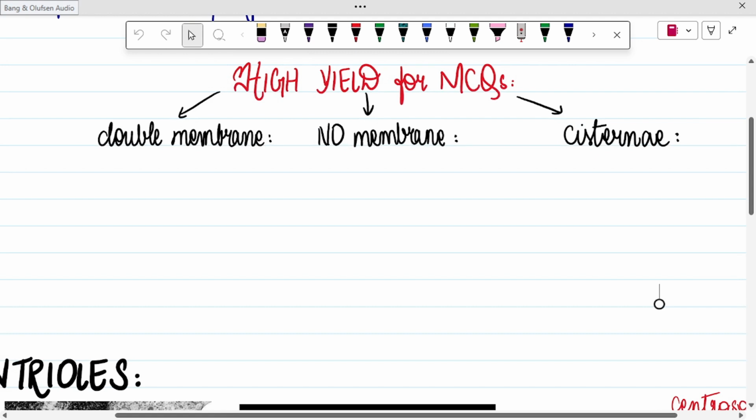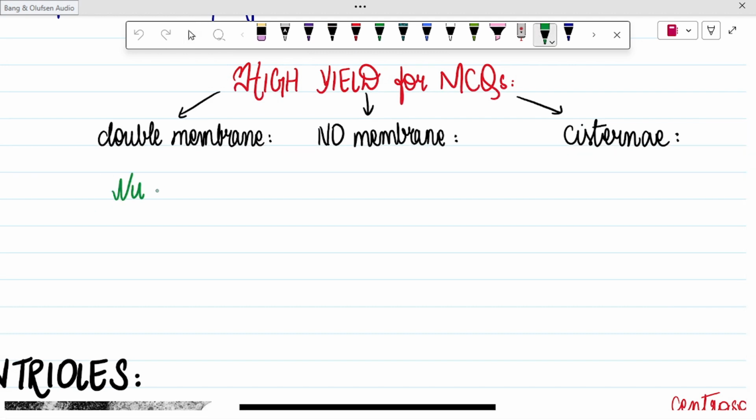So let's see. Double membrane is found in your nucleus, inner and outer membrane with nuclear pore. It's found in your nucleus, in your chloroplast, and in your mitochondria, inner and outer membrane, but no pores.